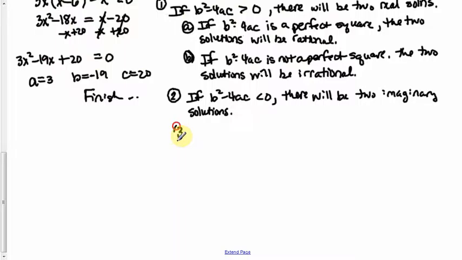And the last case is if it's equal to 0. So if b squared minus 4ac is equal to 0, there will be one rational solution.